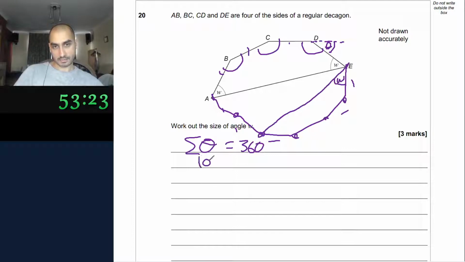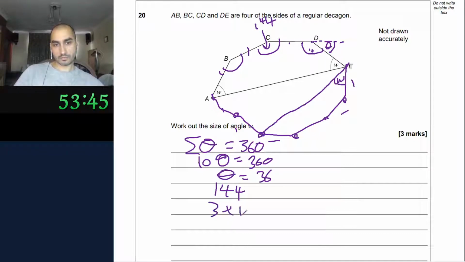So 10 times theta equals 360, therefore theta equals 36. Therefore, this angle here is 180 minus 36, so 144. So that's 144.